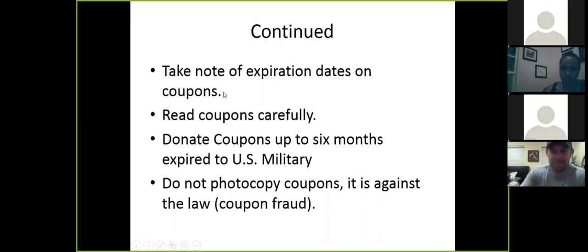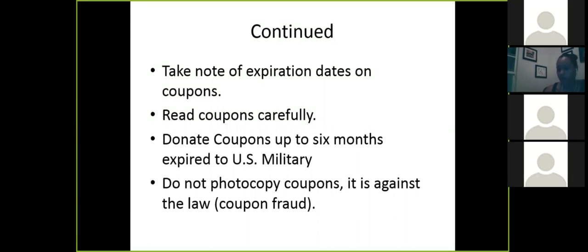Whenever you're shopping, just take note of the expiration dates on your coupons. It's very easy to miss. Sometimes you miss a sale, and then you go to the store and you're trying to buy a product, and you're like, oh darn, my coupon's expired. So just take note of that and read your coupons carefully. Sometimes coupons will say 1 coupon per transaction, and another one will say 1 coupon per item.